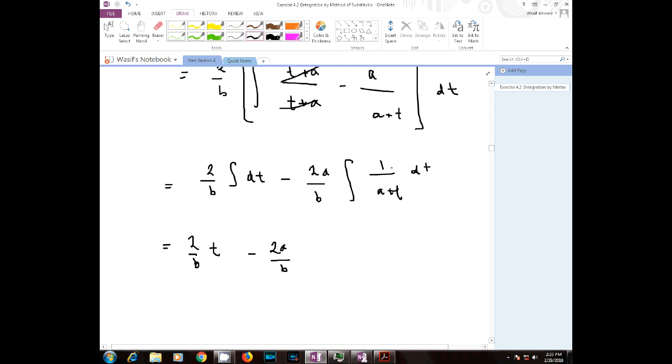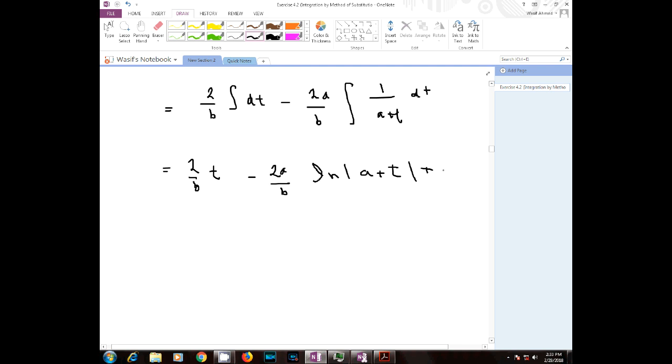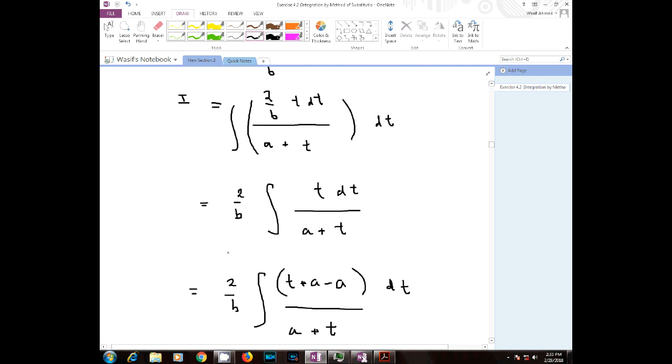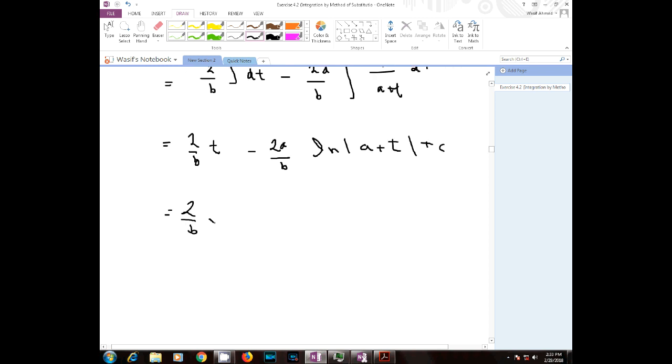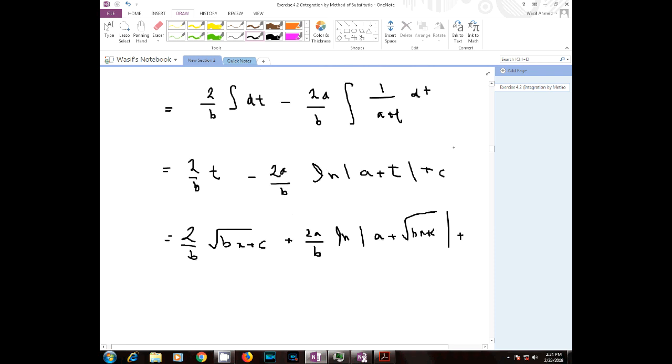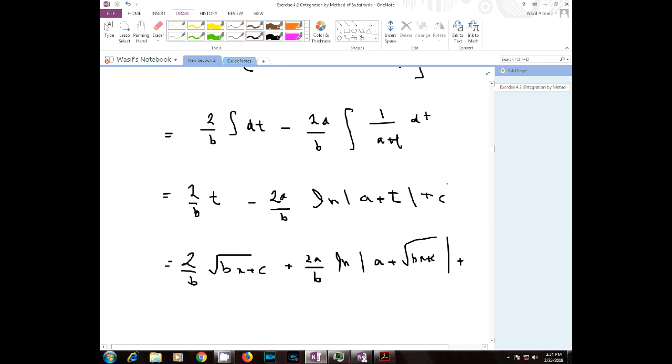Since we can watch that the derivative of a plus t is 1, that is given in the numerator, therefore it is equal to natural log of a plus t plus constant of integration. 2 divided by b, the value of t is equal to square root bx plus c, plus 2a divided by b natural log of a plus the value of t, that is square root bx plus c, plus the constant of integration.